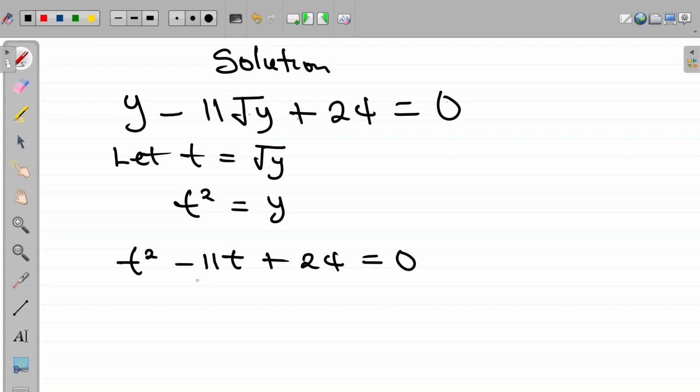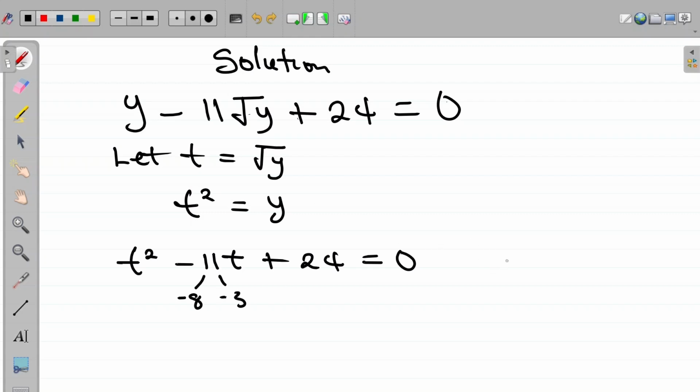Now at this point, we look out for two numbers that their sum is equal to negative 11 and their product is equal to positive 24. And such two numbers are negative 8 and negative 3.